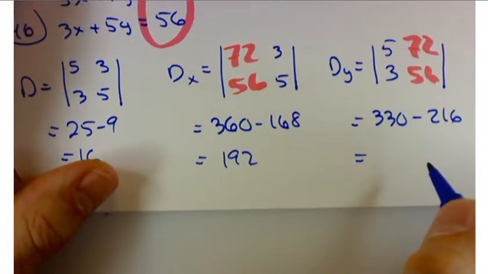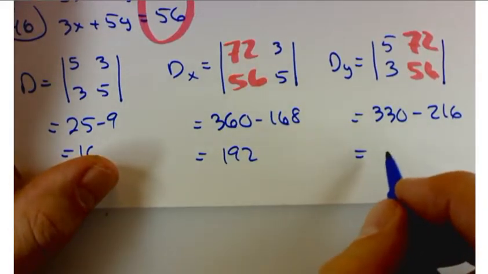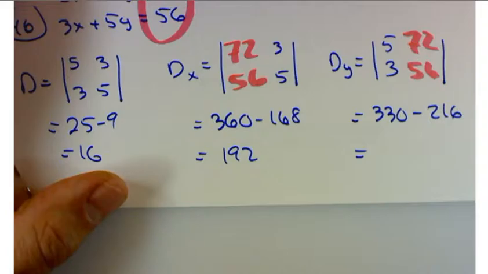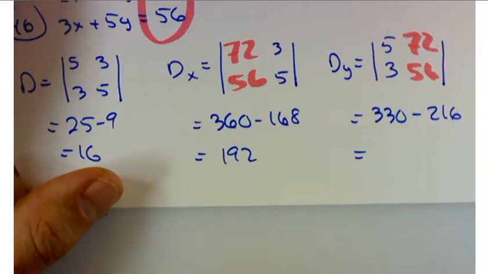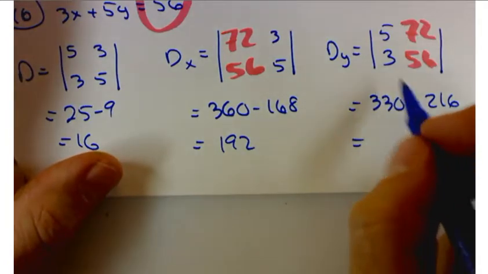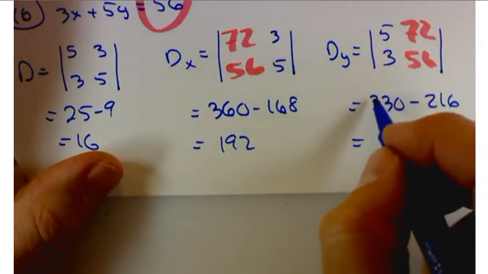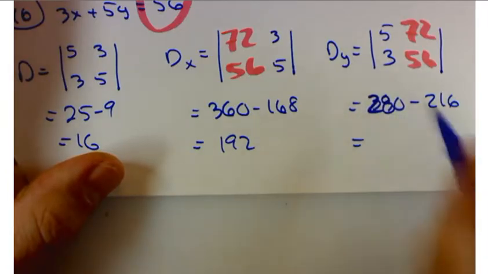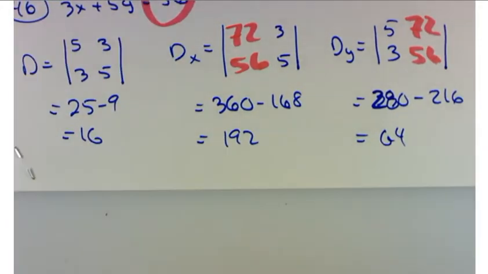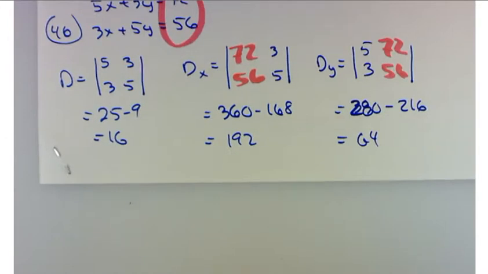Wait, the difference here is like what, 114? Something doesn't seem right. 330 minus 3 times 72. Oh, okay. 280. All right, so 280. Okay, so yeah, that's 64. Perfect. We're not quite done, but we're pretty close.